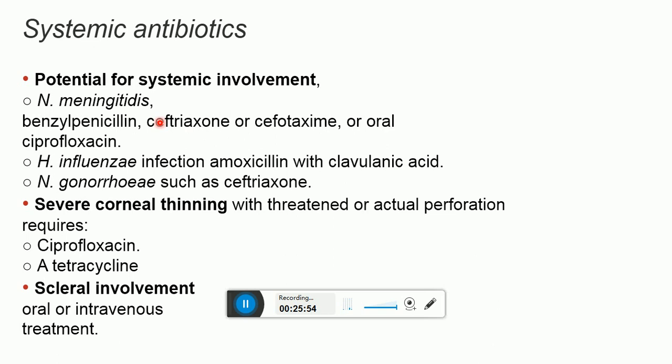Systemic antibiotics are not usually given but may be appropriate in the following circumstances: for a potential for systemic involvement, when microbiology or infectious disease specialist advice should optimally be sought but should not delay treatment; for N. meningitidis, in which early systemic prophylaxis may be life-saving, treatment is usually with intramuscular benzylpenicillin, ceftriaxone, cefotaxime, or oral ciprofloxacin.